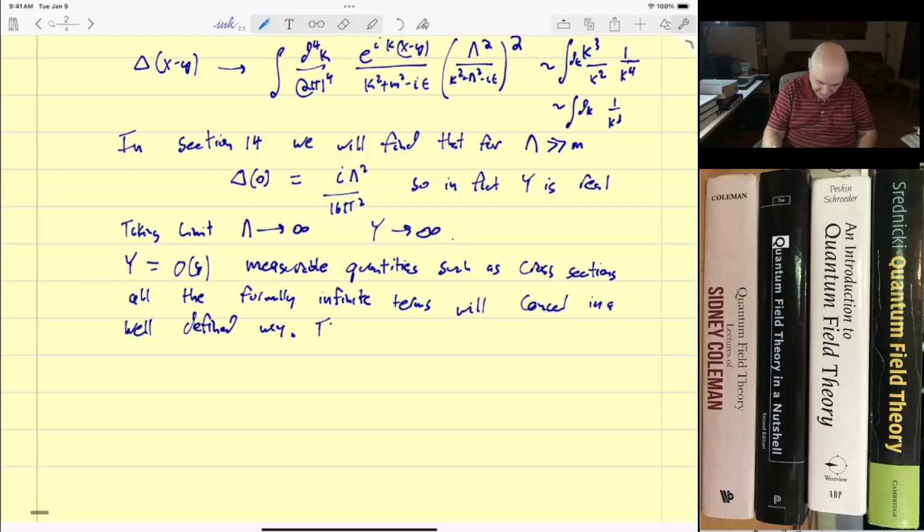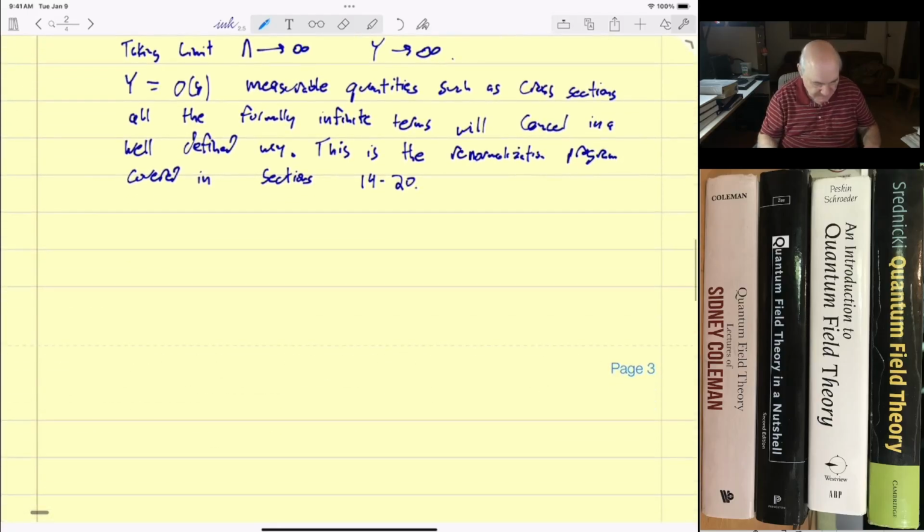This is the essence of the renormalization program covered in sections 14 to 20. Okay, good.